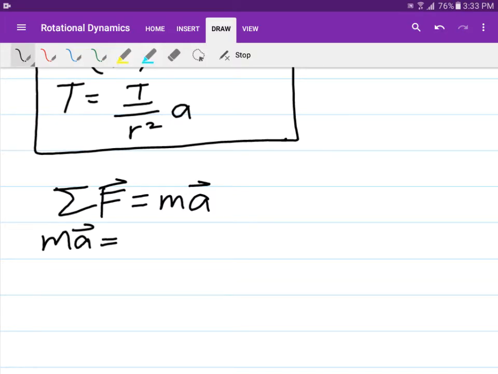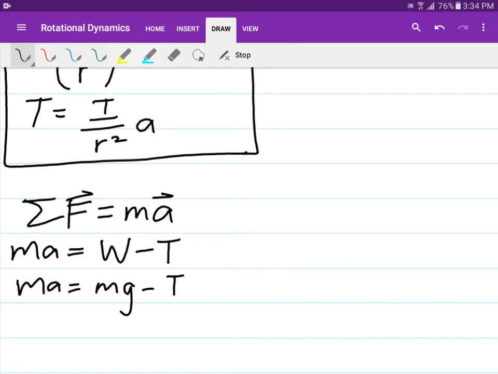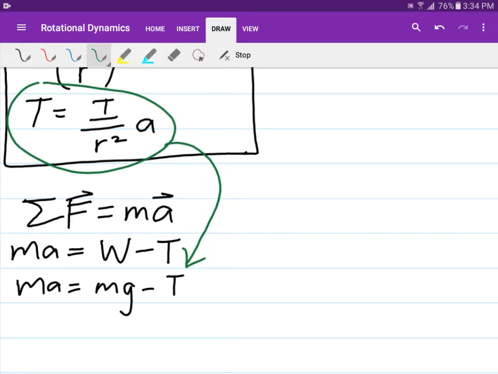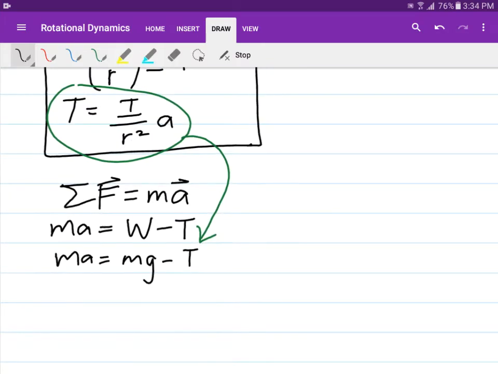So we have the weight of the block minus the tension. Let's just put magnitudes: mg minus T. But we also know that the tension here is the tension in here, so we substitute T. We get ma equals mg minus I over r square times a.